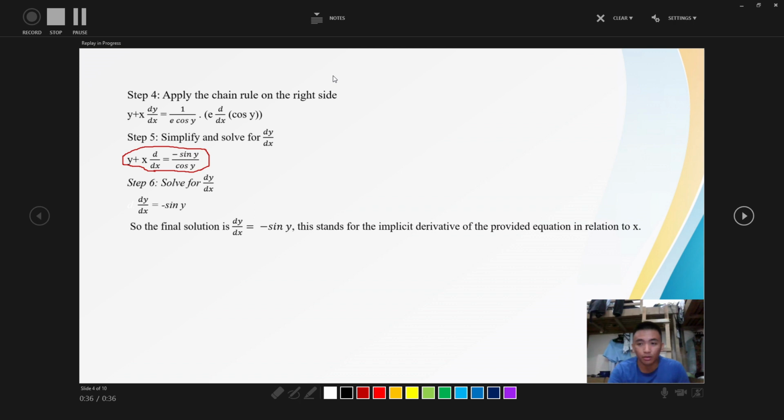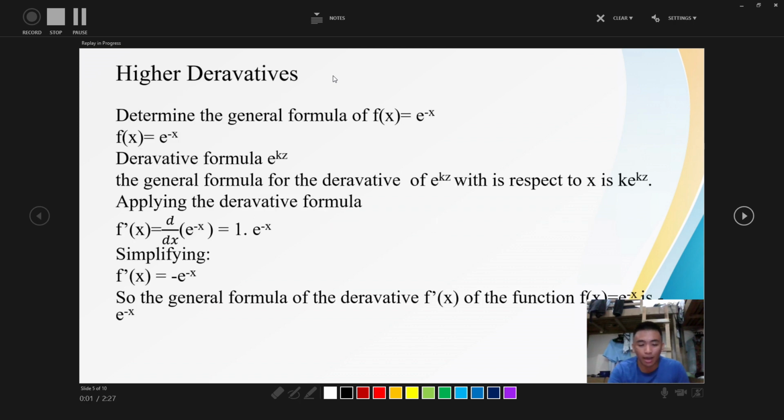For the next slide, higher derivatives: determine the general formula of the derivative of f(x) equals e^(-x). We put the given here as always. The general formula for the derivative of e^u with respect to x is u' e^u.